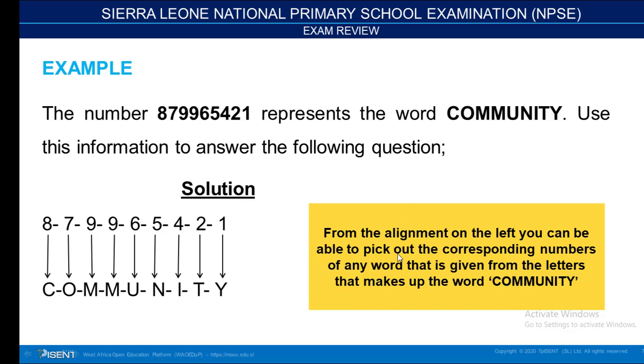Let's look at our corner here. From the alignment on the left, you can pick out the corresponding numbers of any word that is given from the letters that make up the word community. Any word given from these letters, you can determine the numbers that represent those letters in that word.